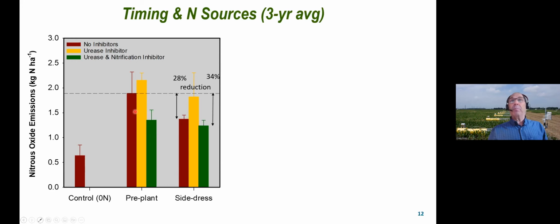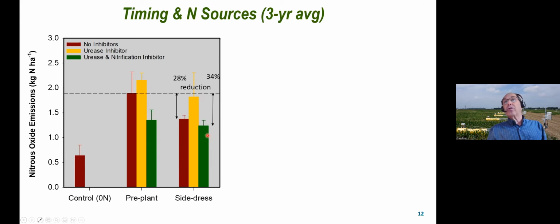But if you just take that pre-plant N and add the same amount, but as a side dress application, we've avoided the first 4 weeks where if it got really wet, we'd have a lot of losses. So we've avoided those losses, reduced the N2O emissions. Even with the urease inhibitor, it was at 2.3 and now it's down to about 1.7. It's reduced.